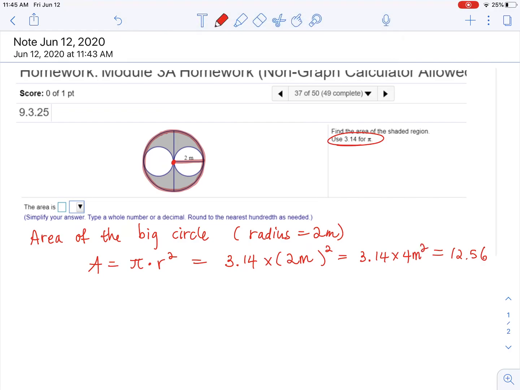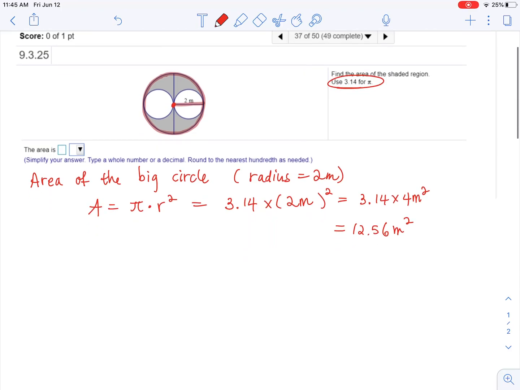So that's where that square of a unit came in. The answer is not just 12.56, but 12.56 meters squared. So I just found the area of the bigger circle.